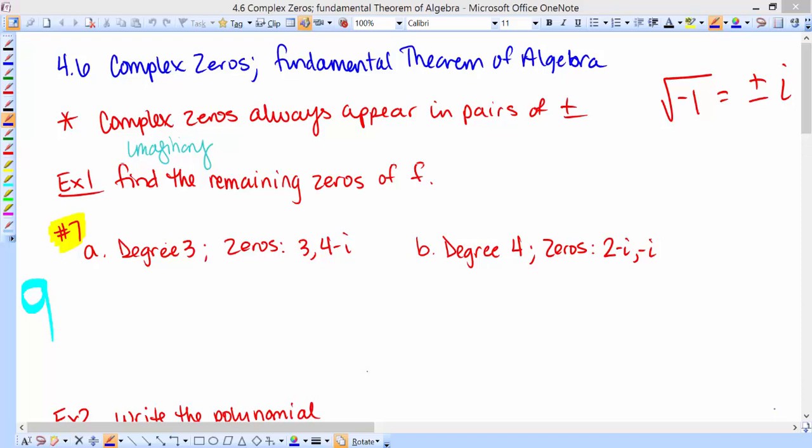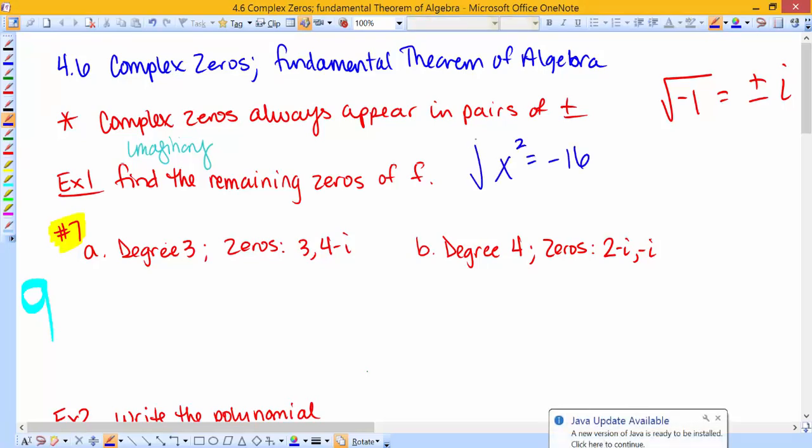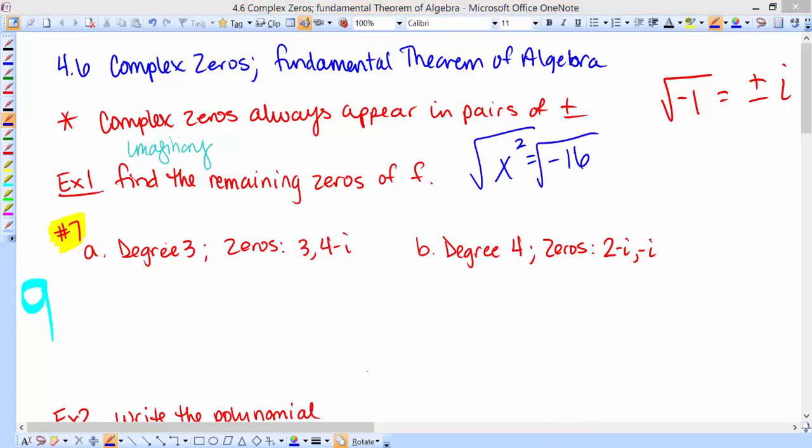So if I remember how I get an imaginary number, a complex number, I get that by having to square root a negative. So if I have x squared equals negative 16, when I square root that, I need to understand that because I am square rooting, I will have plus or minus.